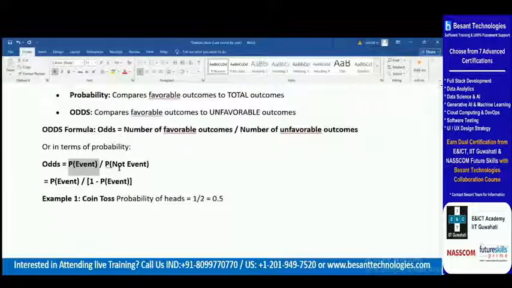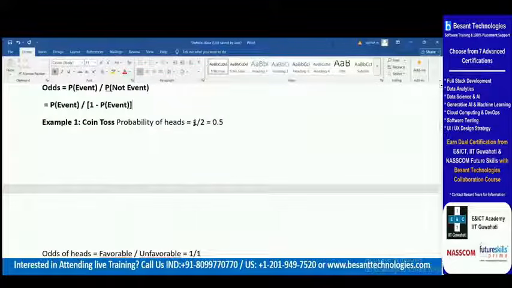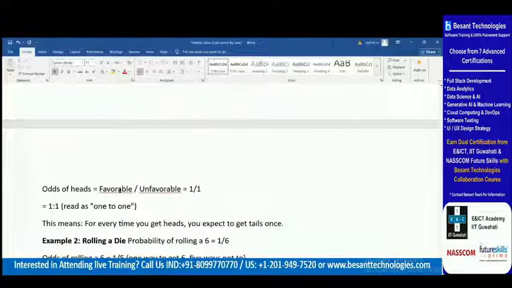Let's take one example and evaluate it so that you will have a better understanding. Now I am tossing a coin, which has a probability of 1 divided by 2, just 0.5. Now I'm going to calculate my odds ratio. Applying the formula, P of event divided by 1 minus P of event, you have 1 divided by 1.